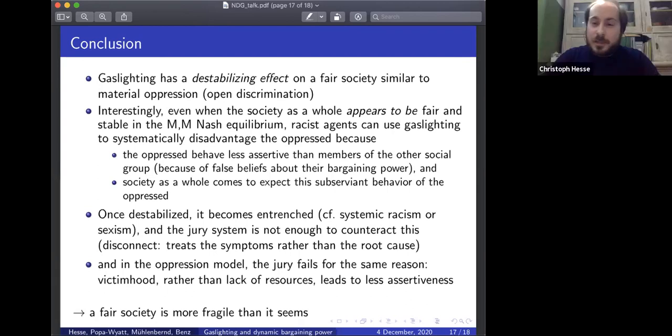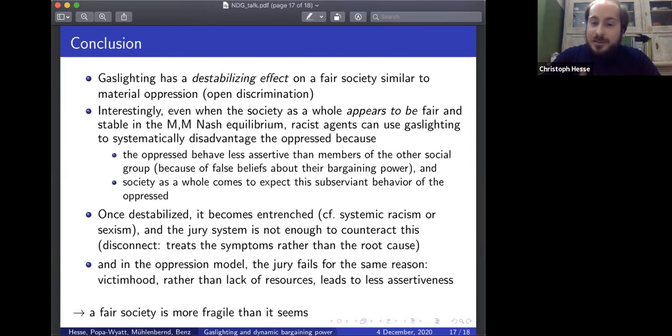I mean, that's actually why we looked at where we did the second model as well. And the second model is the one where you can take actual bargaining power away from them. The way it's set up in the second model, obviously, the perpetrator can maliciously take bargaining power without the victim doing something wrong.